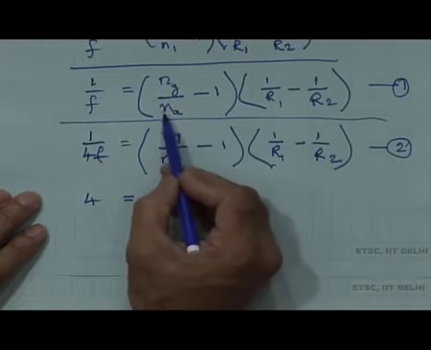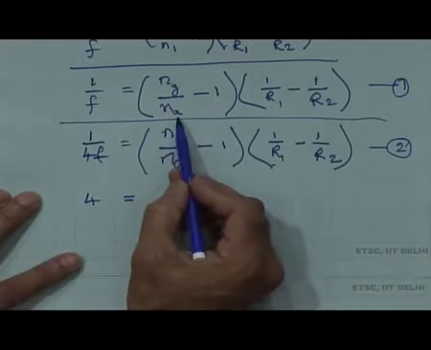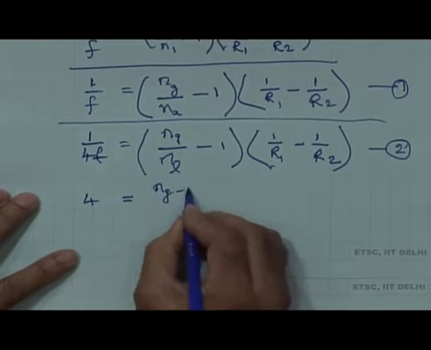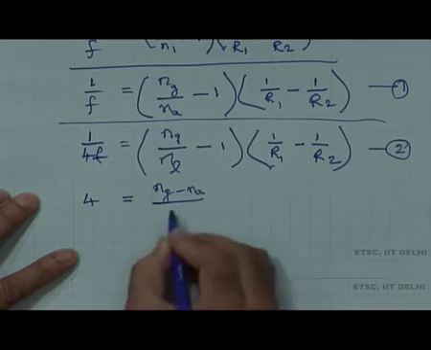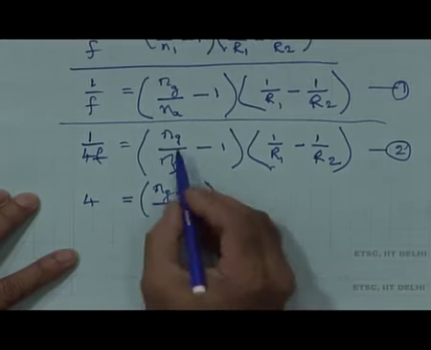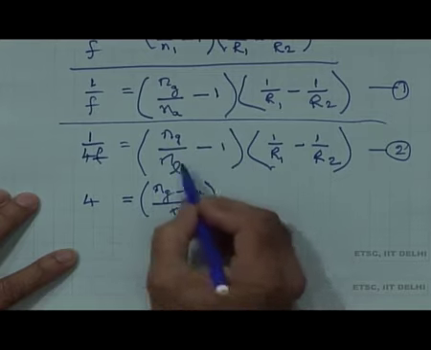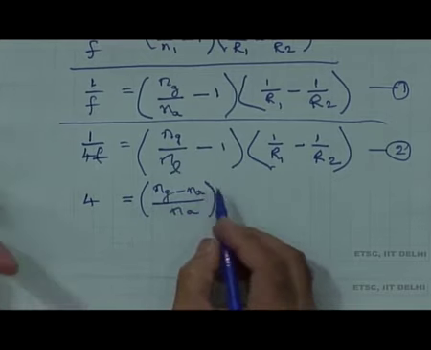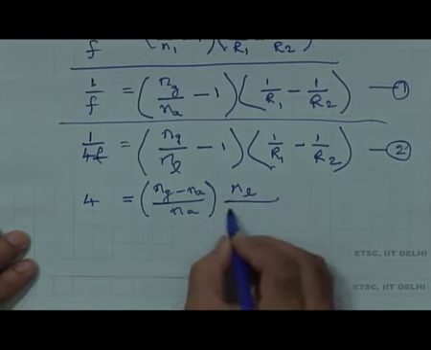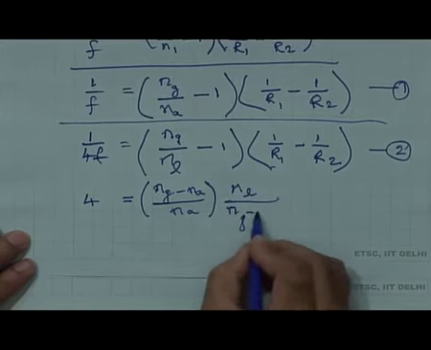This I can write as Ng minus Na by Na, divided by Ng minus NL by NL, but it is in the denominator. So, I have to flip it. So, NL divided by Ng minus NL.